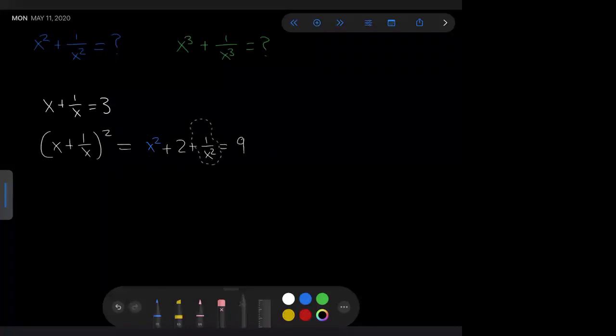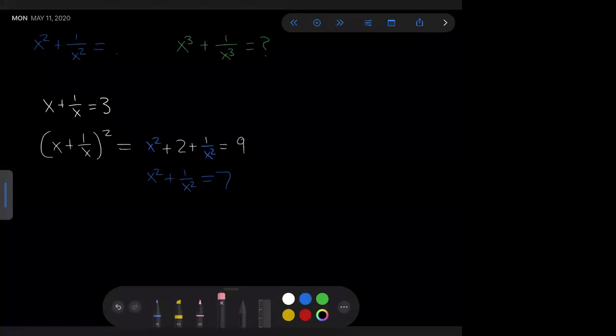For some reason, that does not want to highlight right. So x squared and 1 over x squared both show up, right? And that's what we want to solve. So now we know that x squared plus 1 over x squared is equal to 9 minus 2, which is equal to 7. So there's your answer for that question.